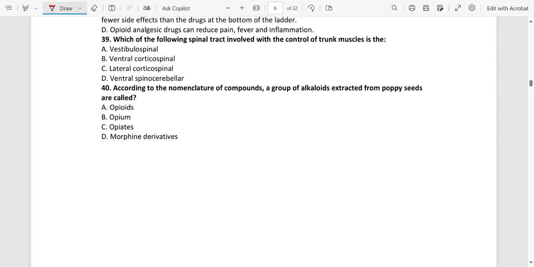So the ventral or the anterior corticospinal is a pyramidal tract and it controls axial muscles. Muscles of the trunk, or axial, the ones on the midline. When you look at the lateral, the one that decussates, this one goes far to control the muscles that are distal. Okay, the lateral one. So that is that.